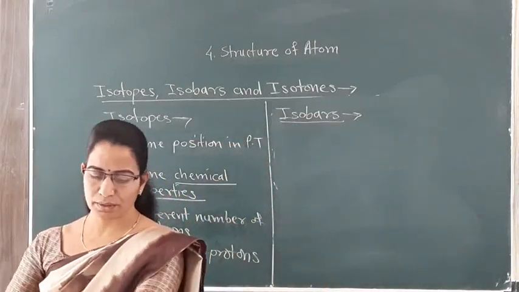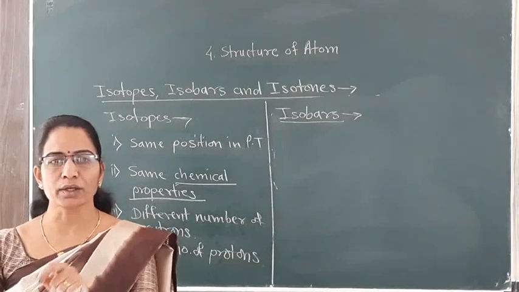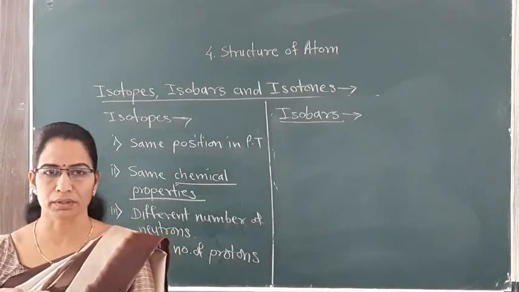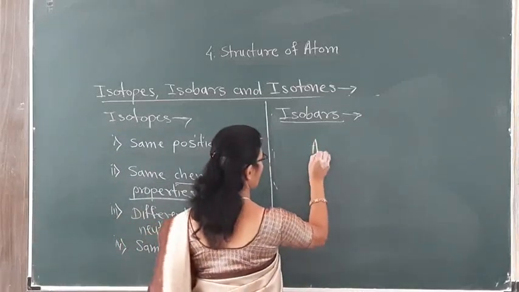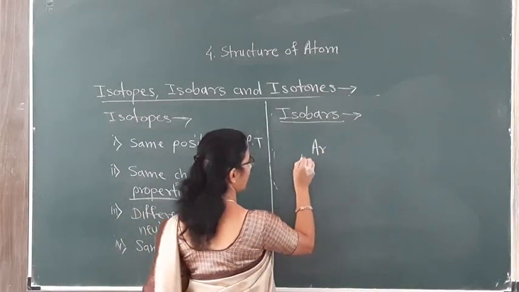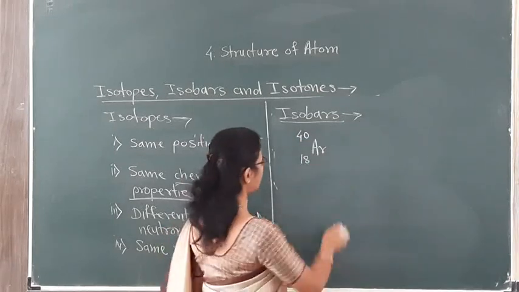Some elements have the same atomic mass number. See the examples. Argon: atomic number is 18, the mass number is 40.